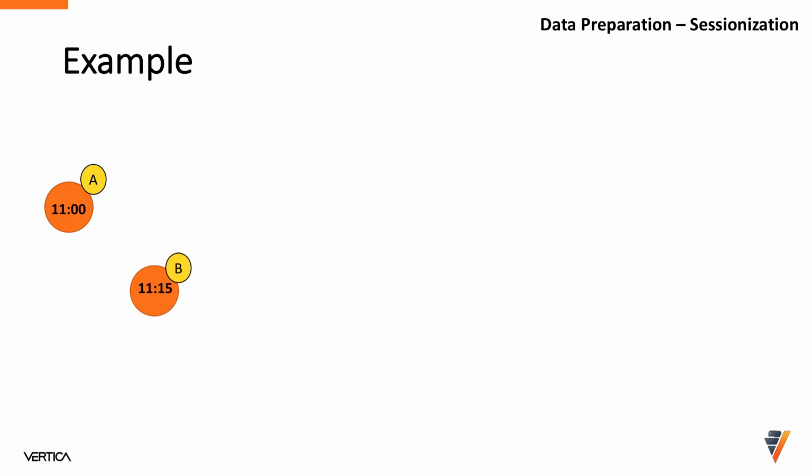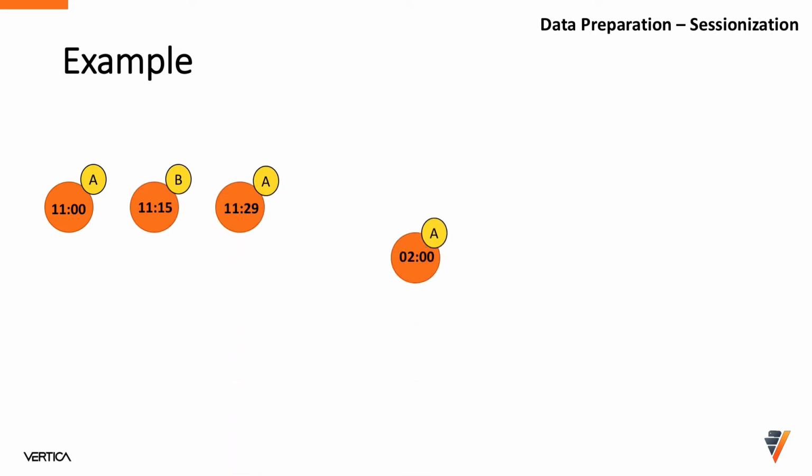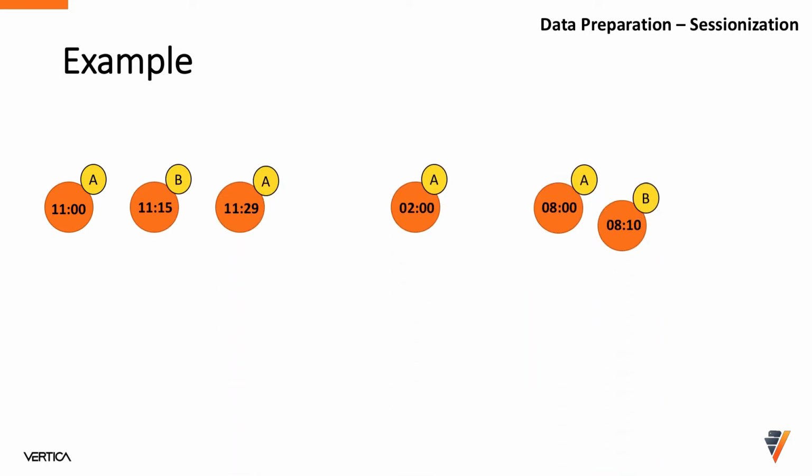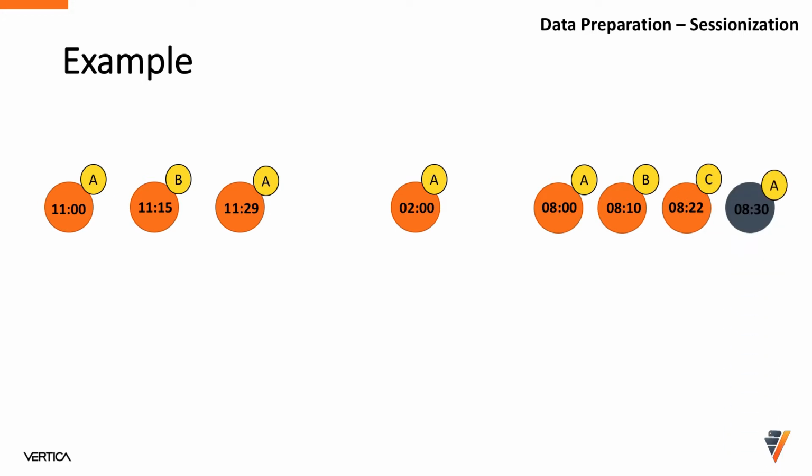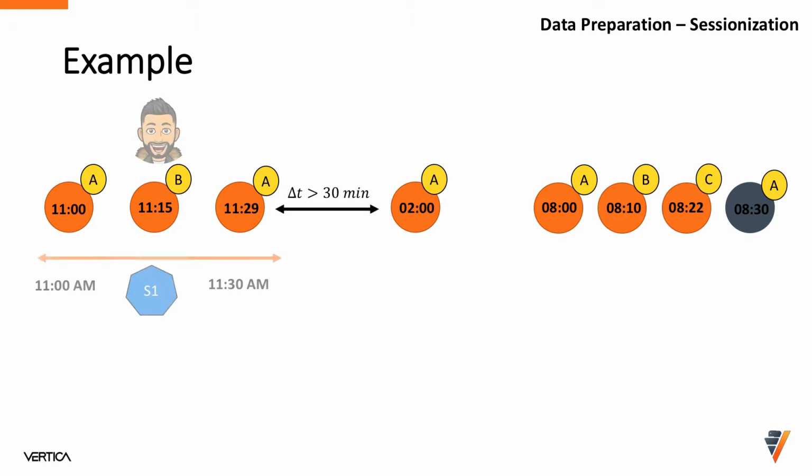Let's take the following situation. The user connected to a system at 11 a.m. to finish at 11:30. He clicked a total of 3 times, of which 2 are on page A. He clicked at 2 p.m. another time at page A. And finally he clicked 4 times at 8 p.m. before booking the hotel A. We can segment these interactions into 3 different sessions. Indeed, the time interval between the 3rd click and the 4th click is greater than 30 minutes. 2 hours 30 minutes of inactivity is a lot.